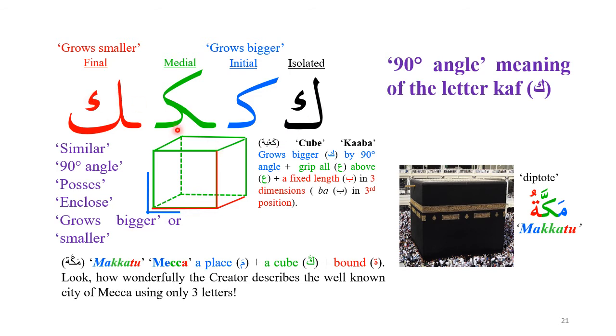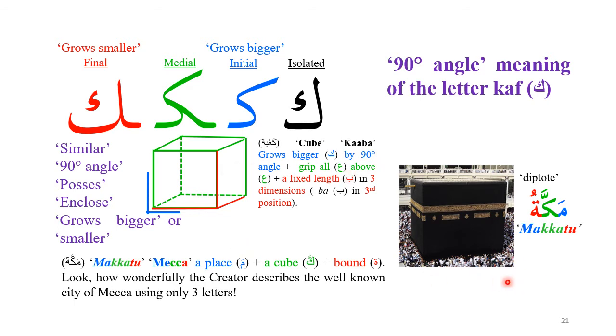I've shown you this in other videos also. And then ba means all together, and for a fixed length in 3 dimensions, because ba in the third place would mean the third dimension. So ka'batun basically means Kaaba or a cube, right?